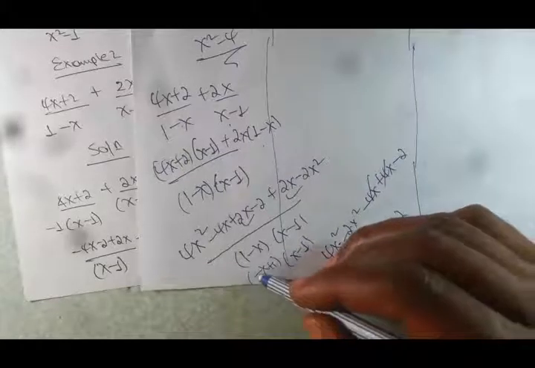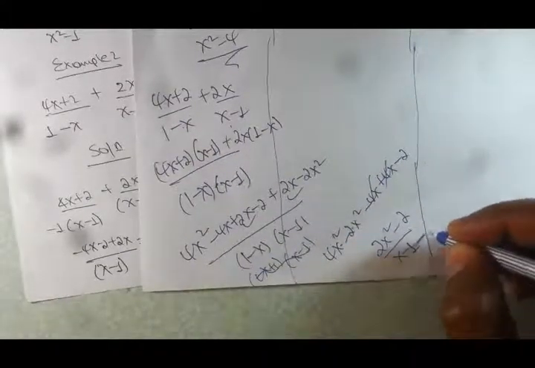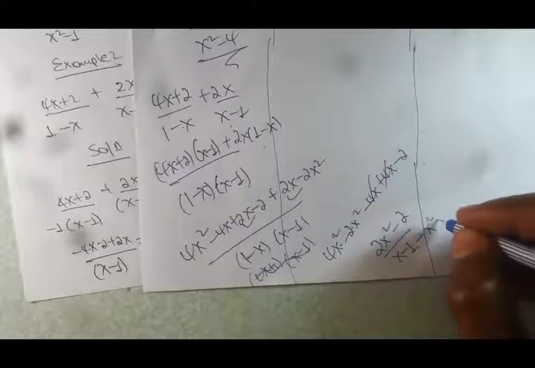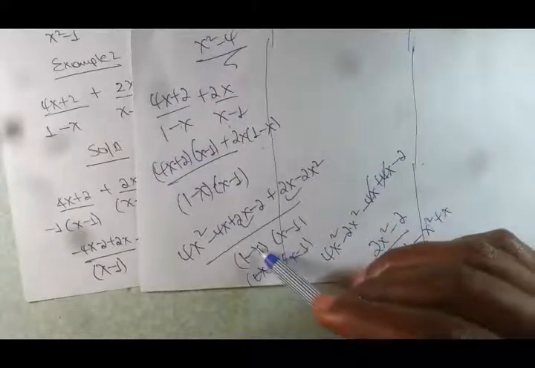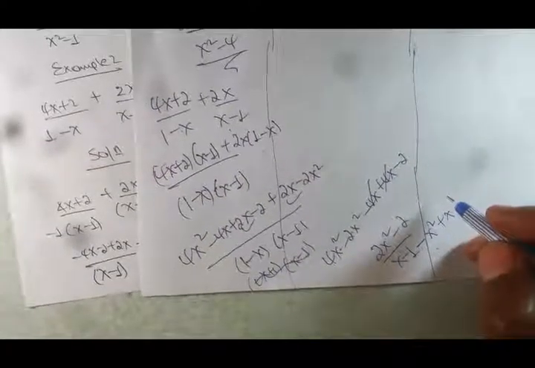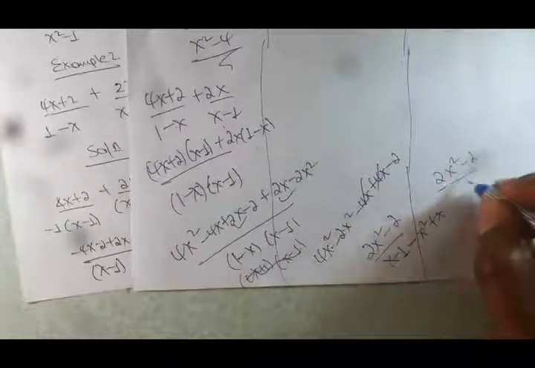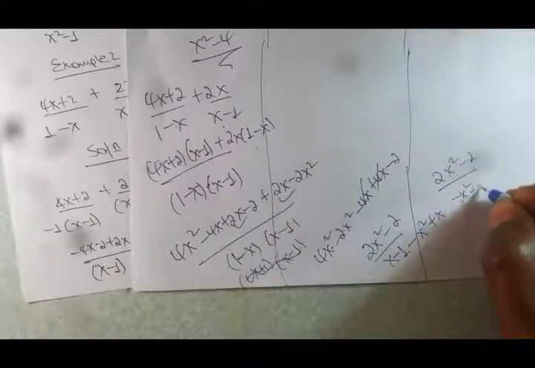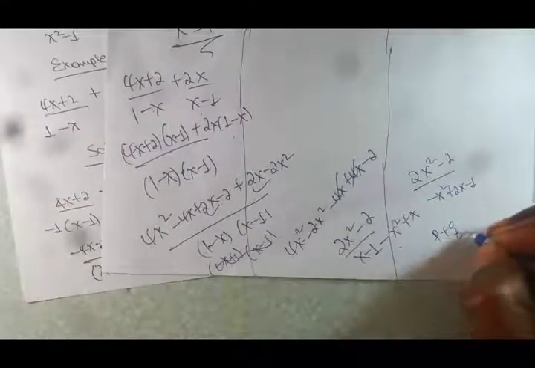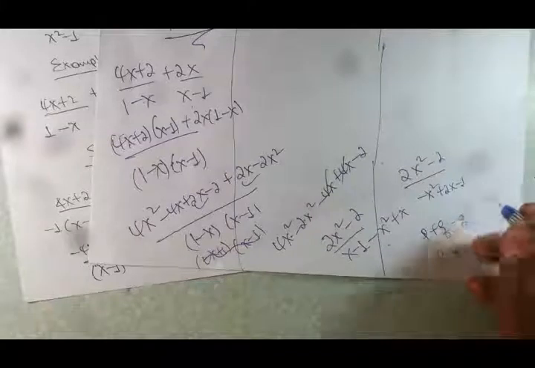Therefore we have to multiply x minus 1 times minus x plus 1, because negative x times x is minus x square, negative x times minus 1 is plus x. This is equal to 2x square minus 2 over negative x square plus 2x minus 1. When you sum up, it will give 2, and when you multiply, it will give 1. Very simple, 1 and 1.